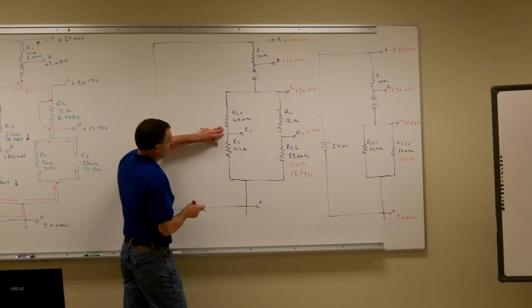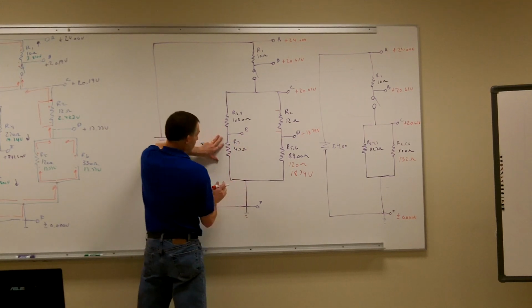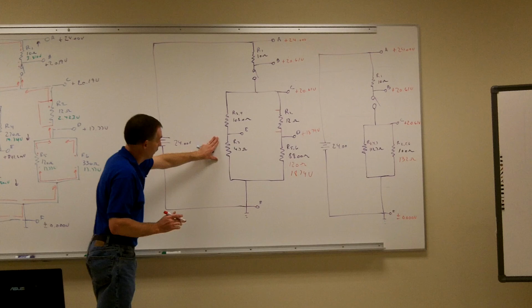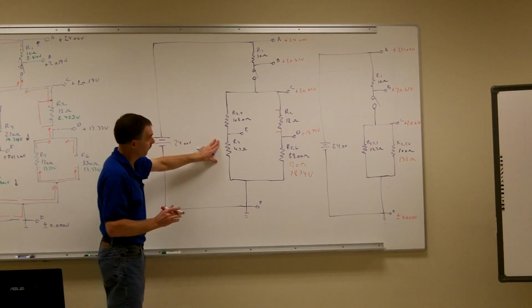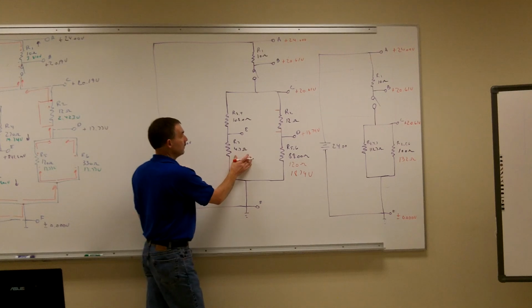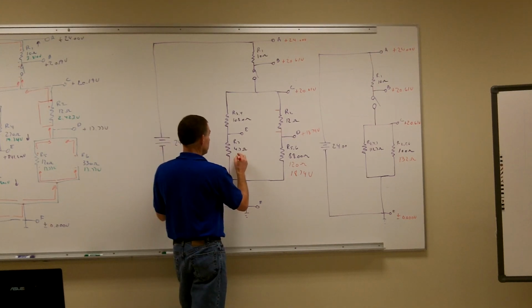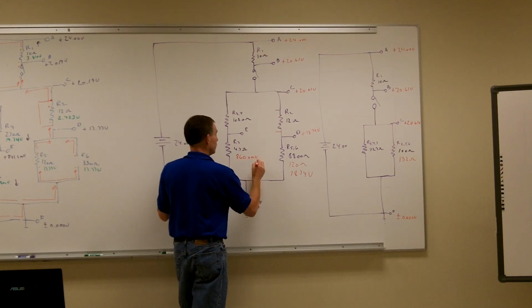Then we can do the same thing with test point E. So just figure out what the voltage drop across R7 is now. 860 millivolts.